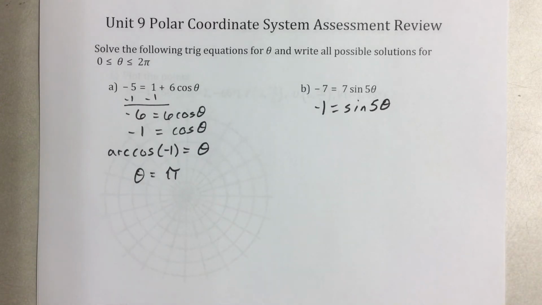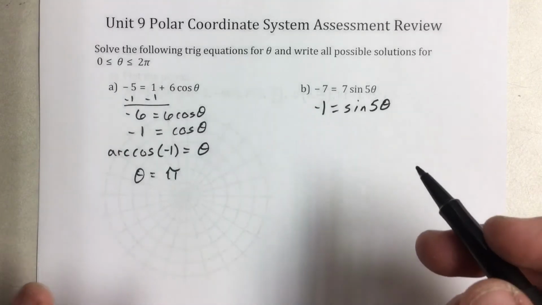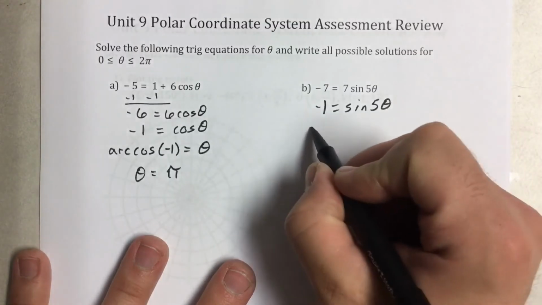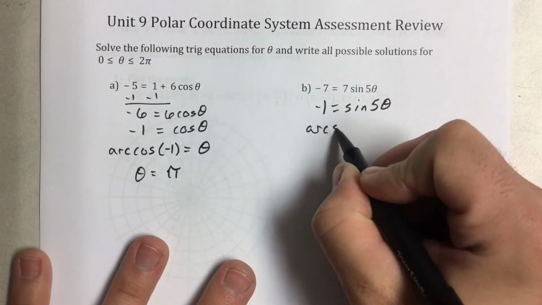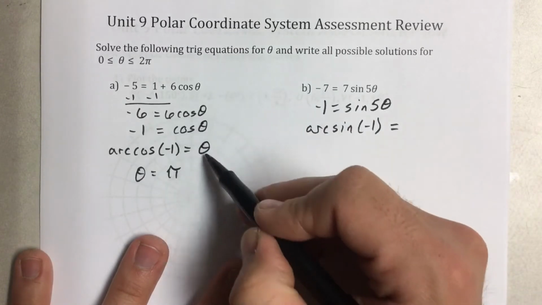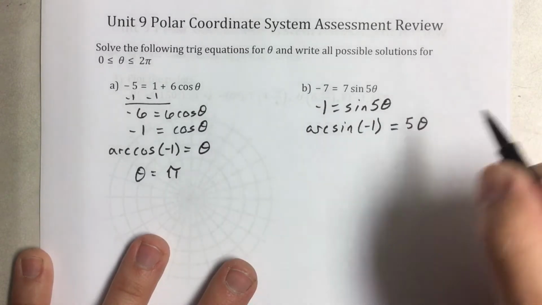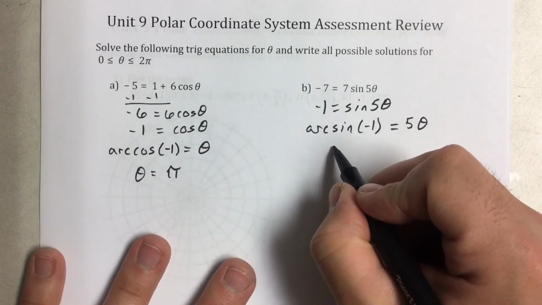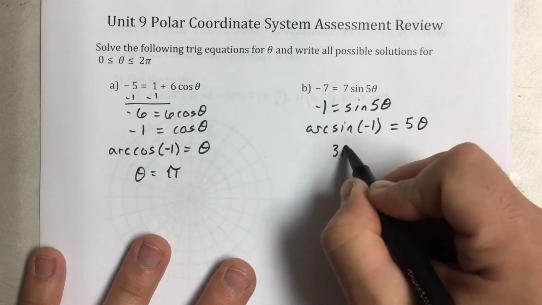So after I find those initial angle measures, then I have 5 theta to work with. Watch what I mean. So taking the arc sine of -1 is going to equal not theta, but 5 theta. Okay, so sine is -1 at 3 pi over 2.